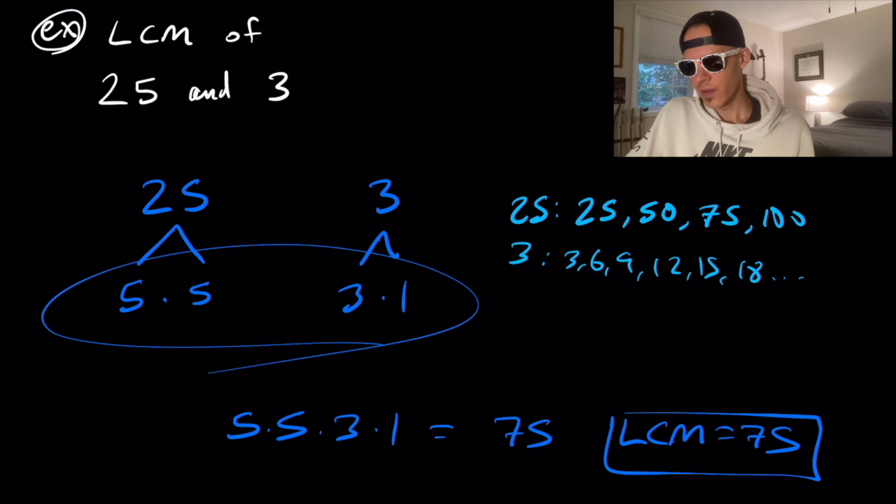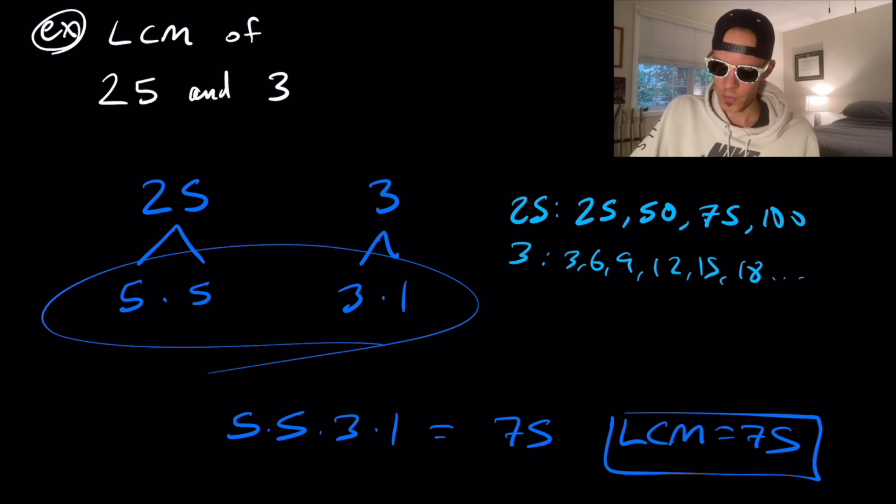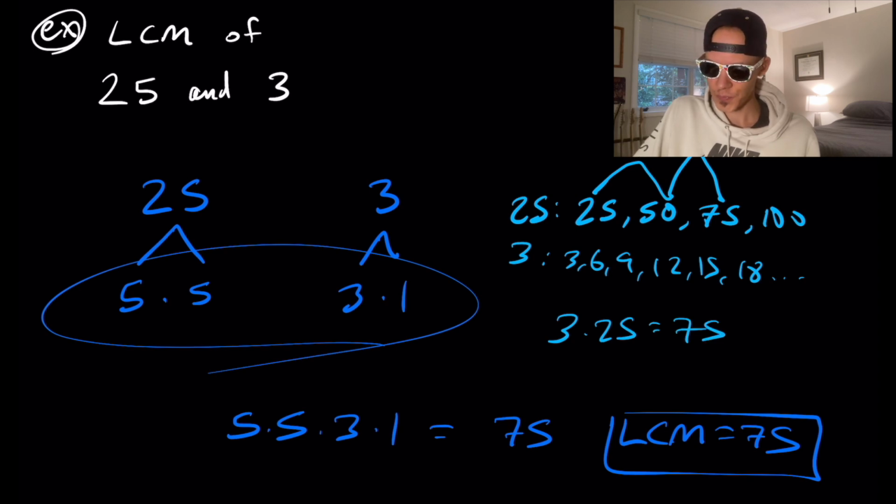It's not. 50 is not a multiple, but if you think about how many times we counted by 25 to get to 75, well, that was 1, 2, 3. And if you know your multiplication, 3 times 25 is 75. So if we counted by 3 25 times, we would get to 75.